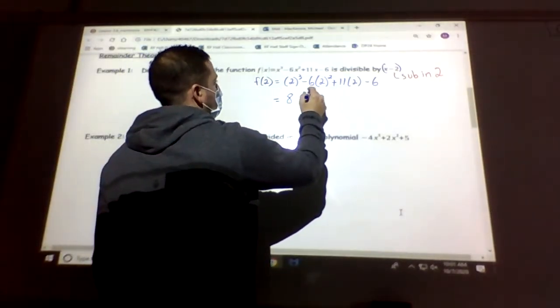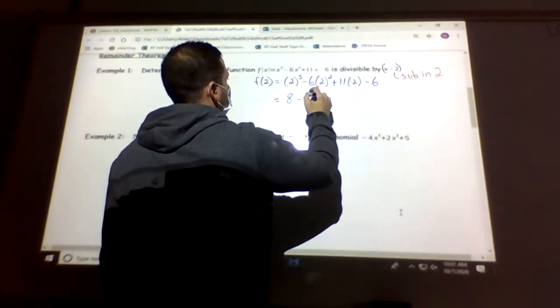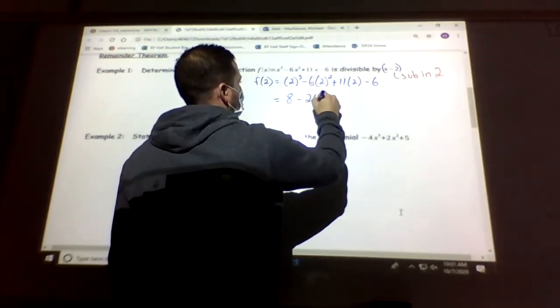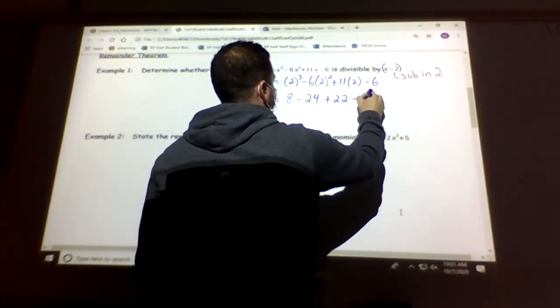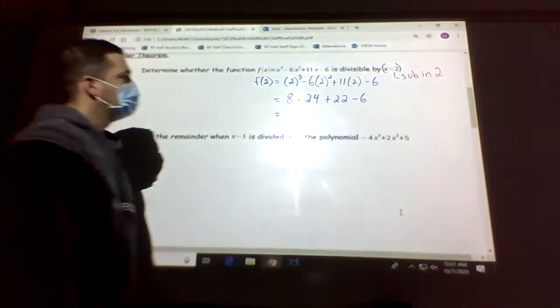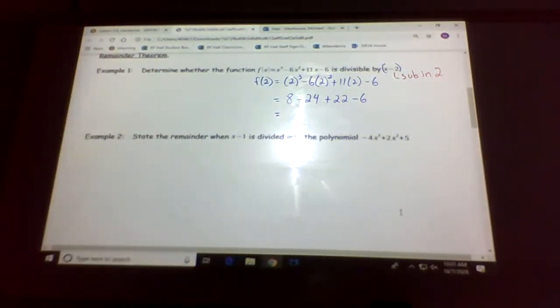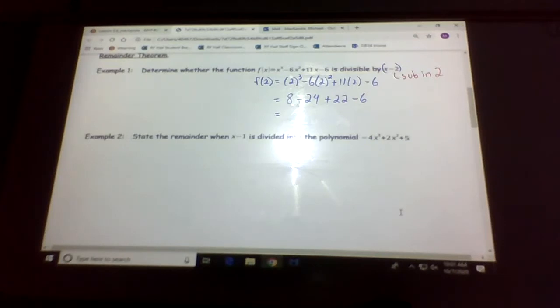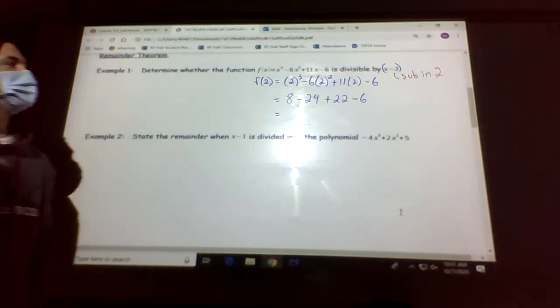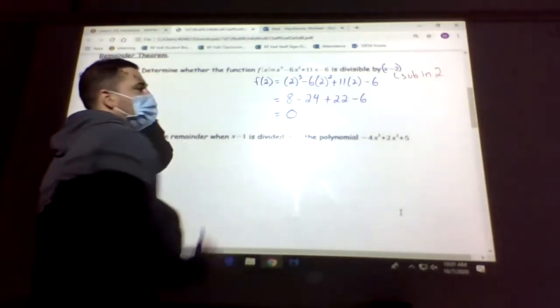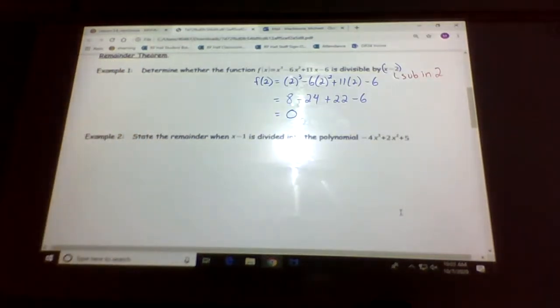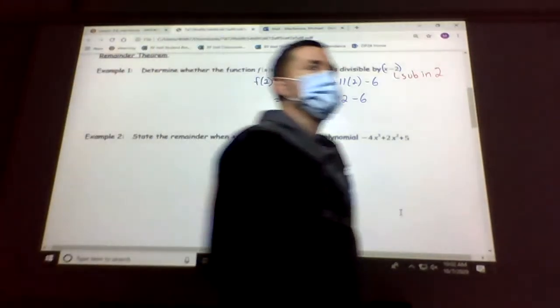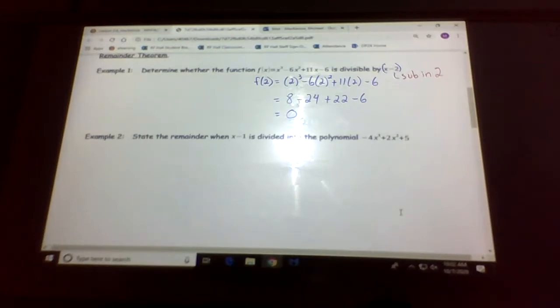So we get 8, 4 times negative 6 is negative 24, plus 22 minus 6. 8 minus 24 is negative 16, plus 22 is 6, minus 6 is 0. Much, much easier, right? Instead of going through the whole steps of long division and synthetic, you can substitute that number in, and we can see if it comes up to be 0.